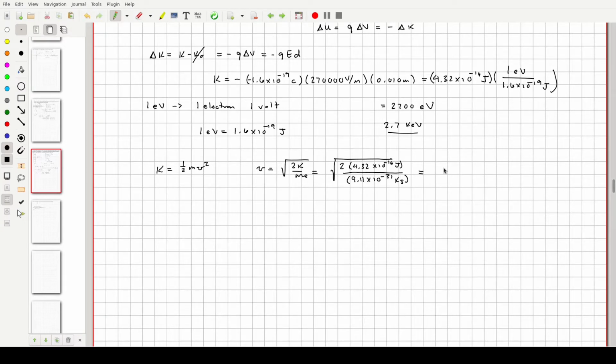So square root of 2 times 4.32 times 10 to the minus 16th divided by 9.11 times 10 to the minus 31st. And I get 3.1 times 10 to the 7th meters per second.